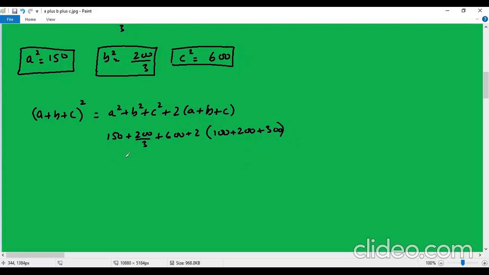Now I will put this 200 over 3 on the extreme left. So I'm writing this 150 plus 600 plus 2, and when you put these values together in the bracket, 200 plus 300 is 500, plus 100 is going to give you 600.